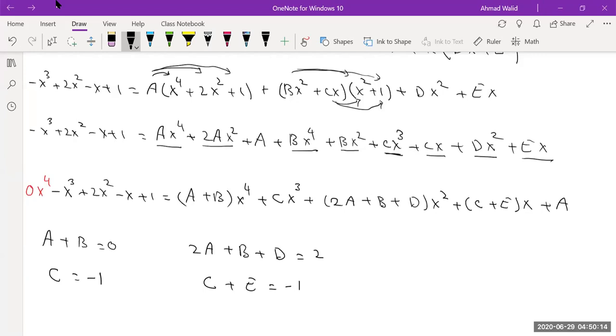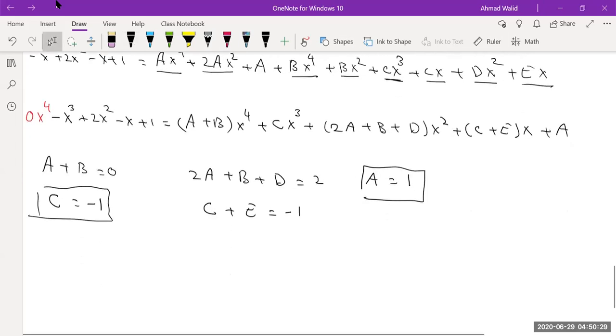And the fifth equation, a equals 1. At least I have the value of c and I have the value of a. Then it's really, really easy to find the value of b, the value of e, and the value of d. You see, if I plug a in this equation, which I have a plus b equals 0, if I plug in the value of a here, I will have 1 plus b equals 0.